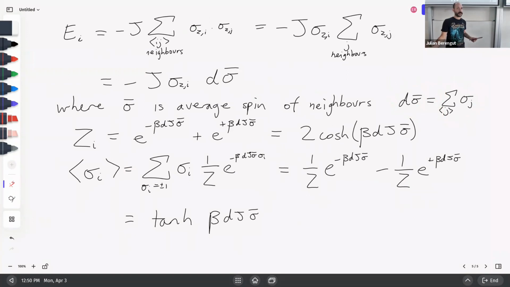If D equals 4 and I'm summing over 4 things, then 4 times the average spin will be the sum over those on average. Oh, you're getting confused about the D being differential? I's are not always square roots of minus 1 and D's are not always differentials.